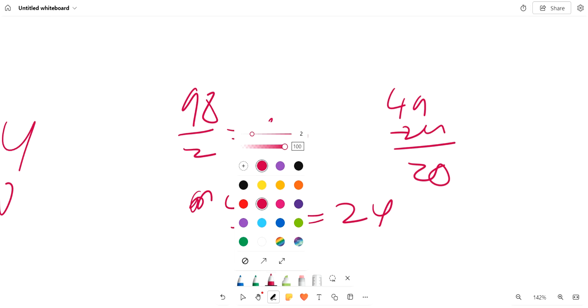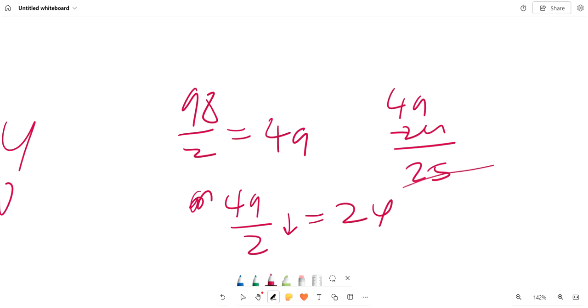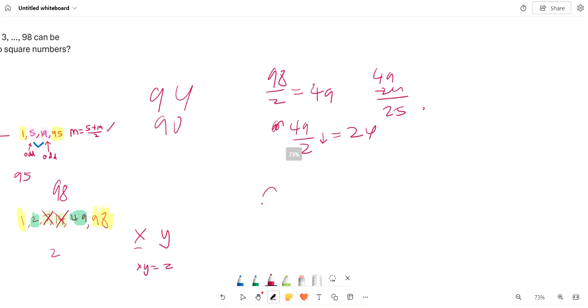And so that's how many integers there are that are even and have exactly one factor of 2. And then we just get 98 minus 25, and we get 73. And so that's the answer.